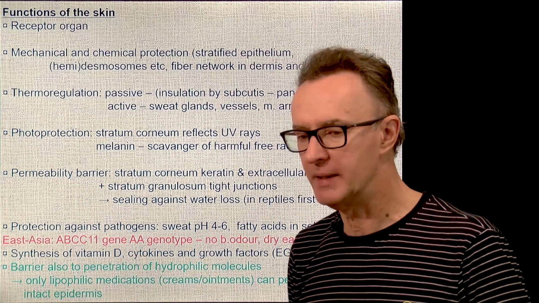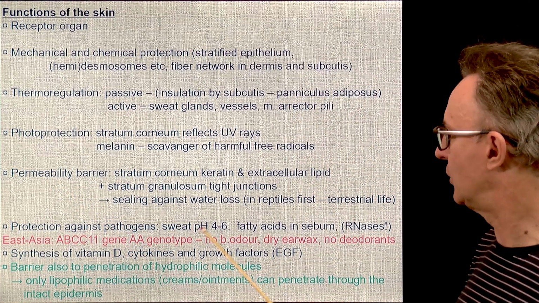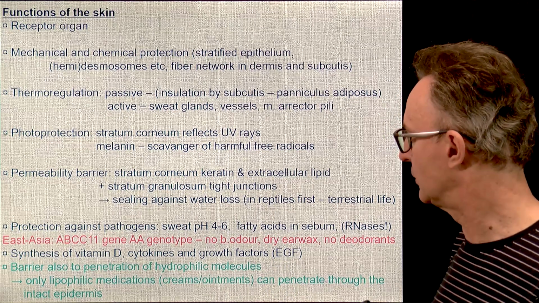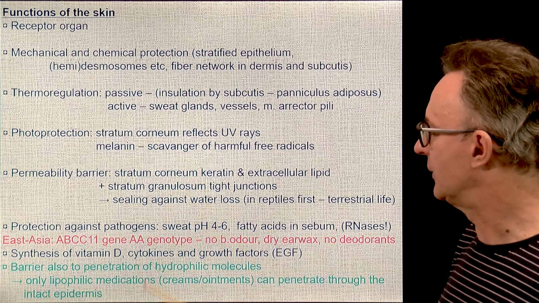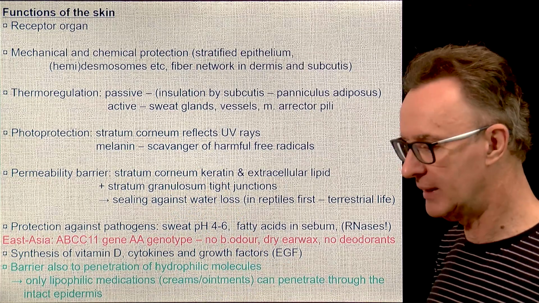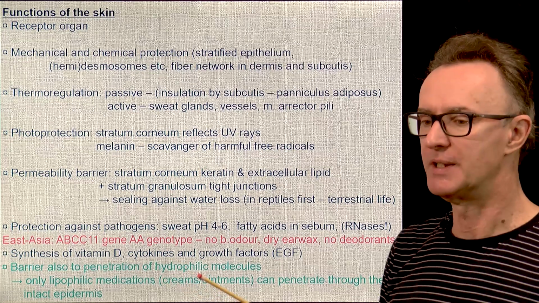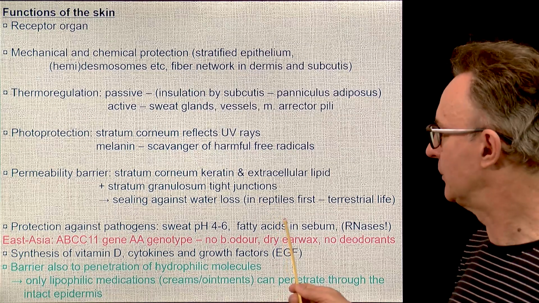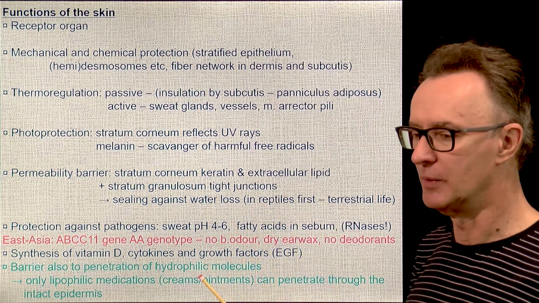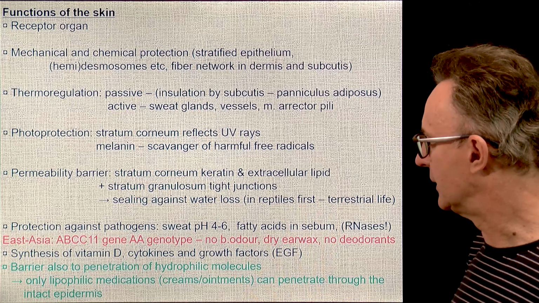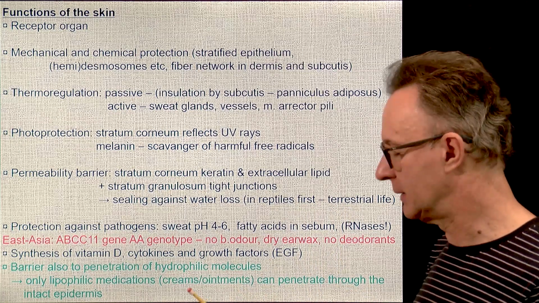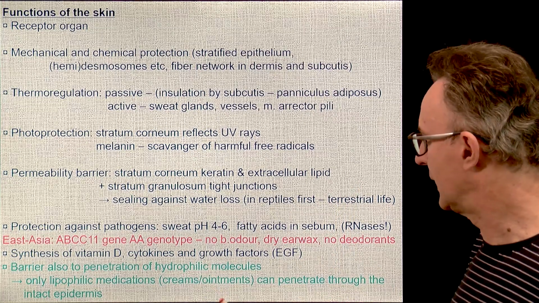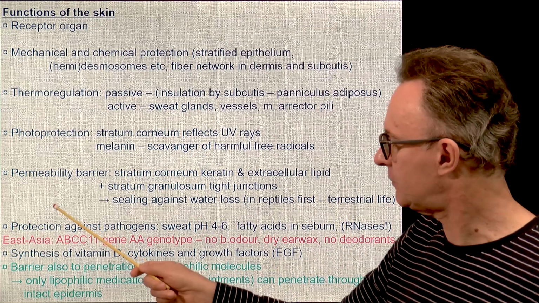And the permeability barrier was also mentioned briefly, because I told you the extracellular lipids from the Stratum Granulosum, granular layer, together with the other elements in the Stratum Corneum, provided important sealing against water loss, and that's why it made it possible in evolution that the reptiles were able to leave the ocean and live in terrestrial life.